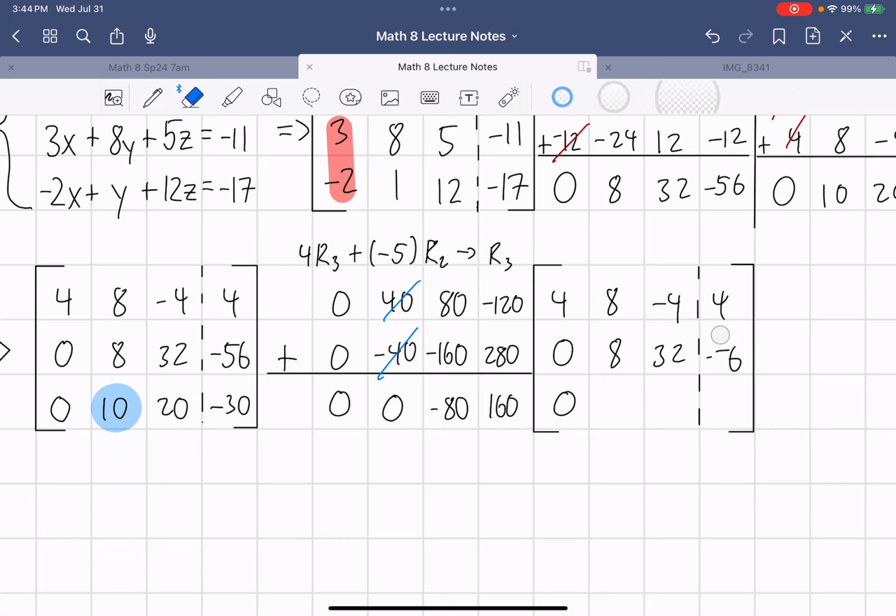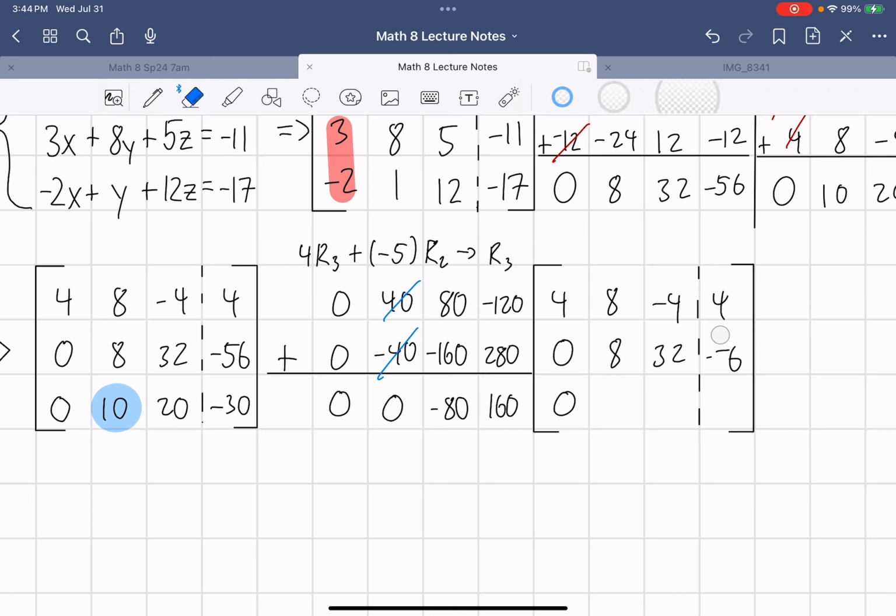Now, you don't have to do this next step, but you can if you want. And that is to take this equation and put it back into its augmented form, which now that would be 4x plus 8y minus 4z equal to 4. But then that x is 0 now, so I'm just going to have 8y plus 32z equals negative 56.